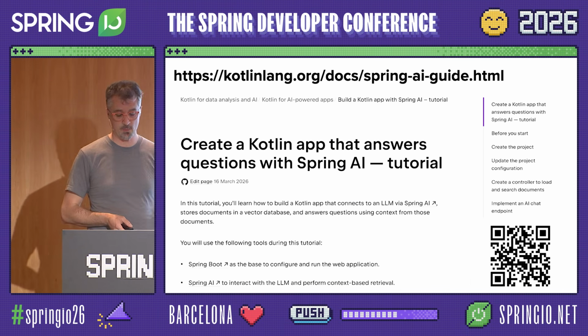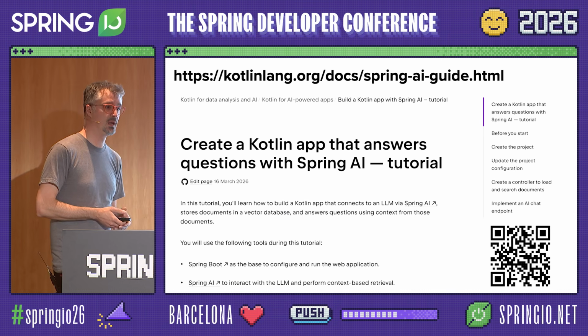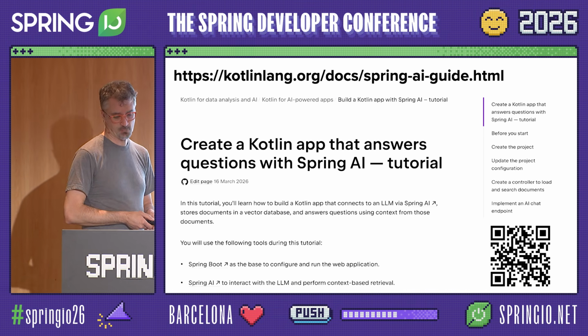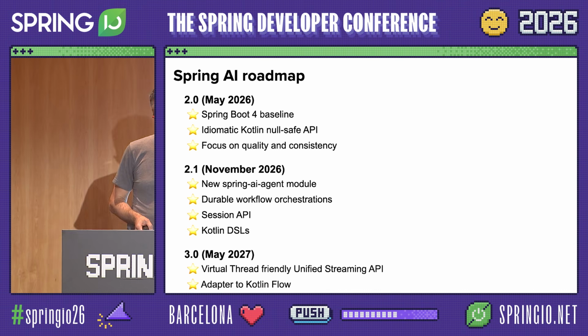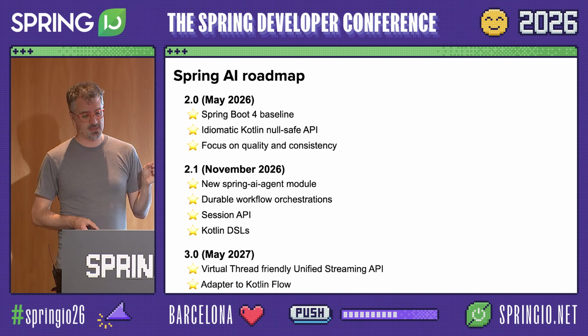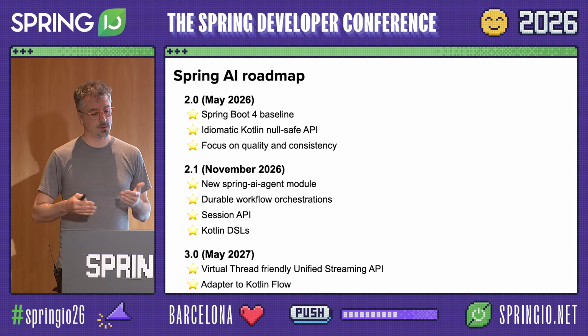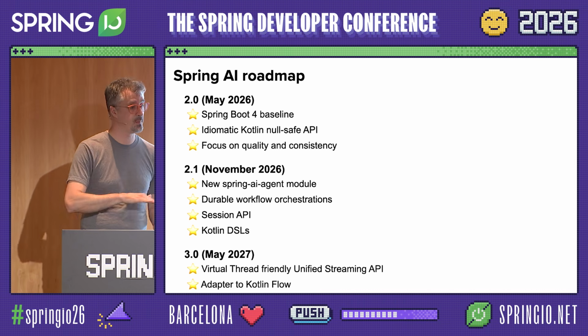Currently, it's using Spring AI 1.1 and Spring Boot 3, but it will likely be updated to Spring Boot 4 and Kotlin 2, etc. In Spring AI 2.0, which will be released in May 2026, the biggest change from a Kotlin perspective is the Spring Boot 4 baseline.